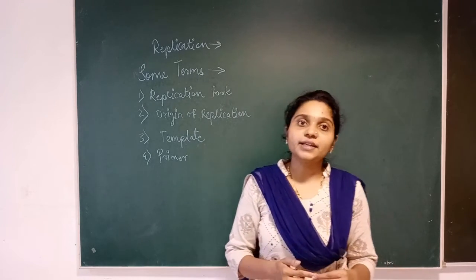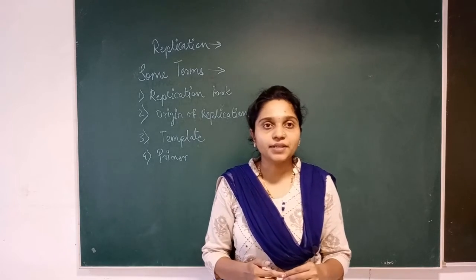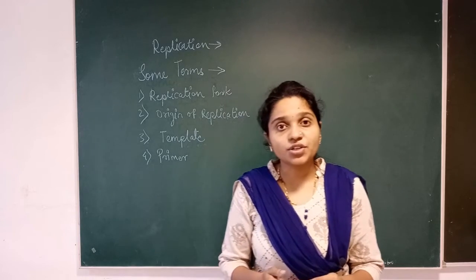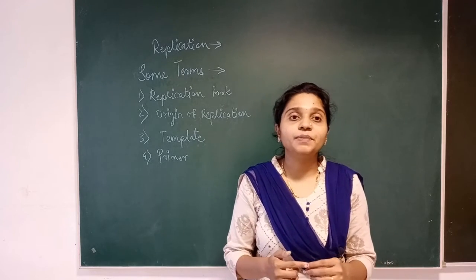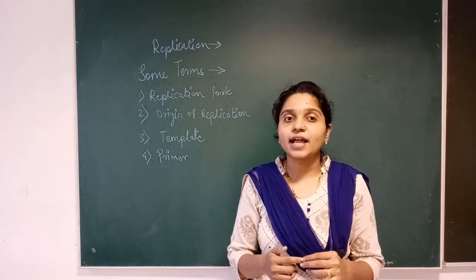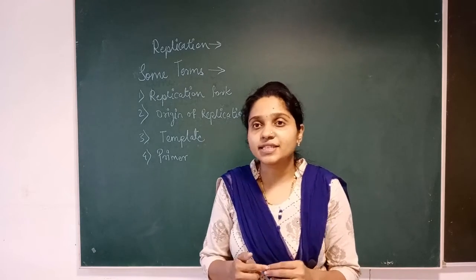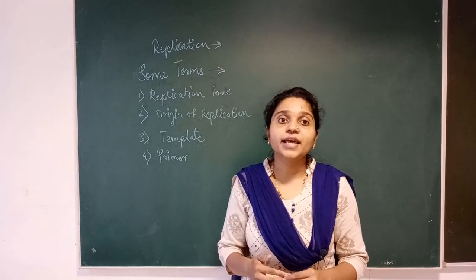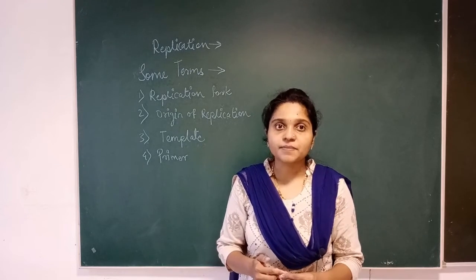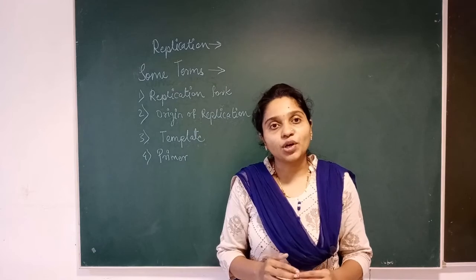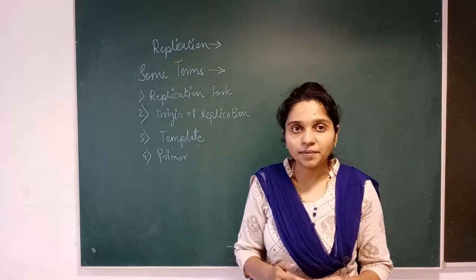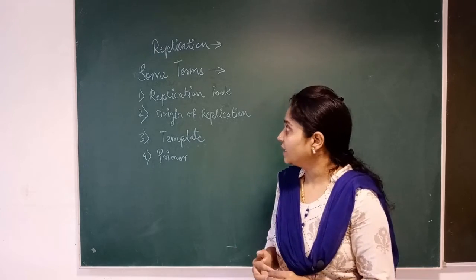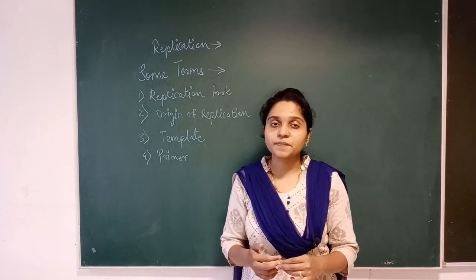Now in DNA replication, what is happening? Firstly, at the origin of replication, where replication starts, the DNA is unwound with the help of the enzyme helicase. The double-stranded DNA molecule is getting opened up. Then it creates the replication fork.